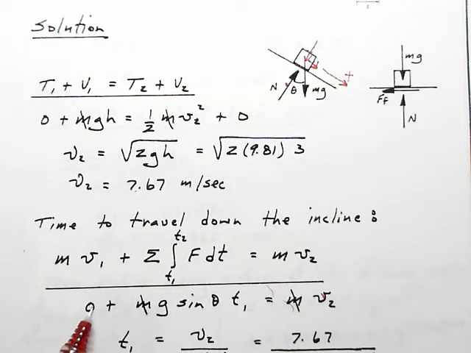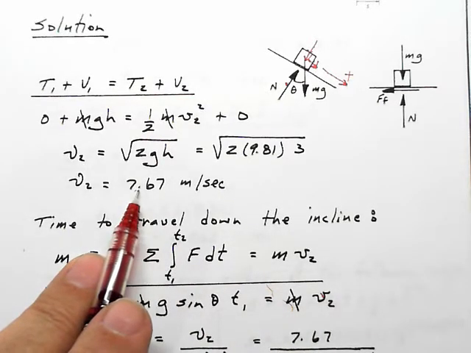So 0 starting momentum. The force is mg sine theta, a constant. Therefore, the impulse is the area under the constant curve, so we just multiply by the time required, and that is equal to our final mass times velocity. We know the mass, and we know the final velocity from the energy problem that we solved back here.